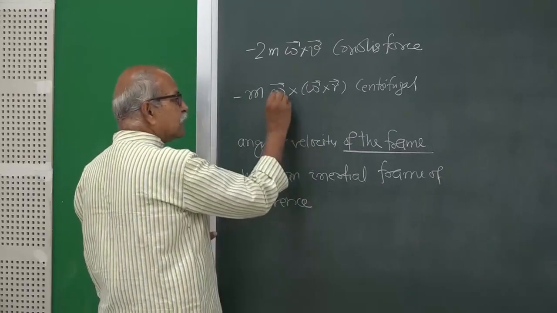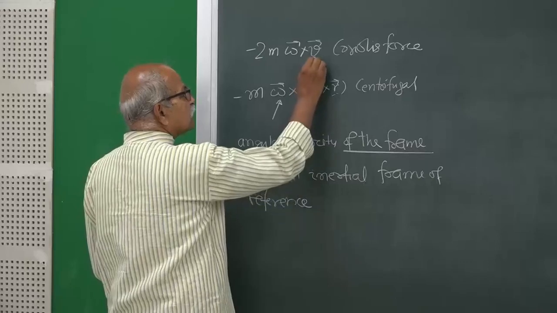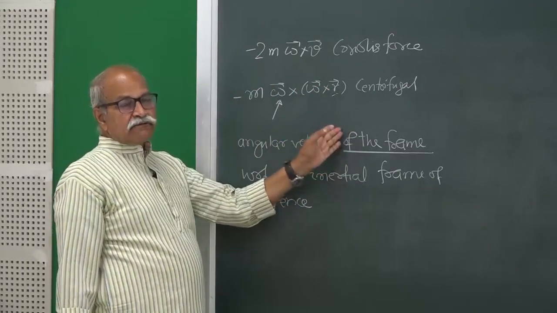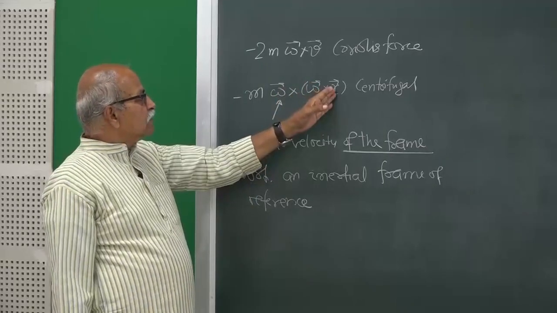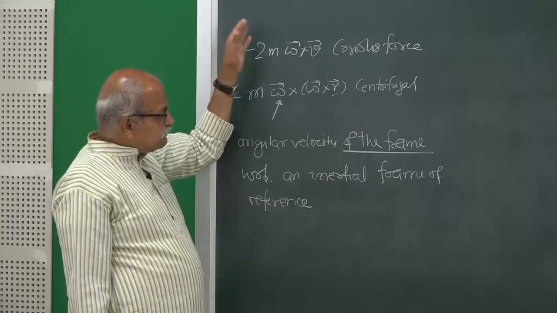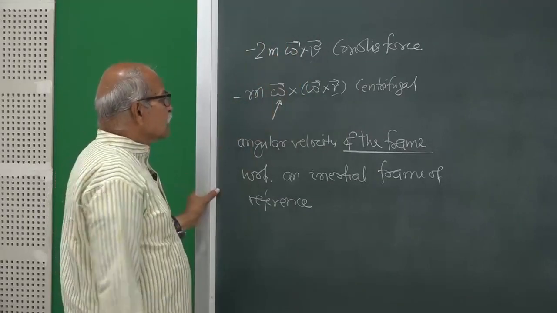So, that is this omega, and then there is the position vector of the particle. This is velocity of the particle, everything measured from the rotating frame. This r, this v, acceleration, whatever, everything is measured from the rotating frame of reference. So, these are the things.